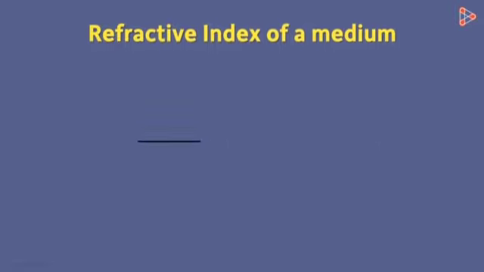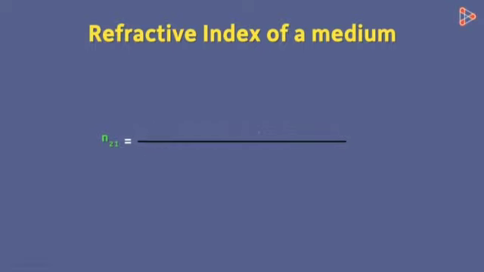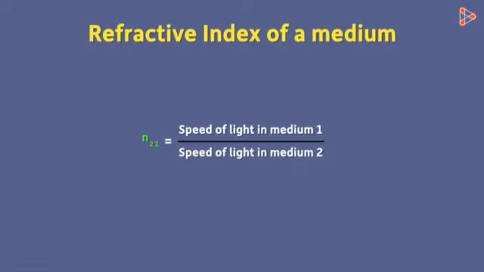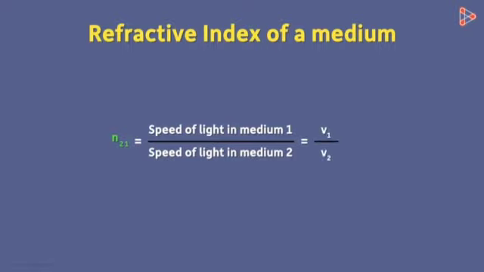Mathematically, it is the ratio of the speed of light in the incident medium to the speed of light in the refractive medium. It's denoted by n, and the two numbers in the base are the two mediums. We read this as the refractive index of medium 2 with respect to the incident medium 1. Also, V1 and V2 are the speeds of light in medium 1 and 2 respectively.